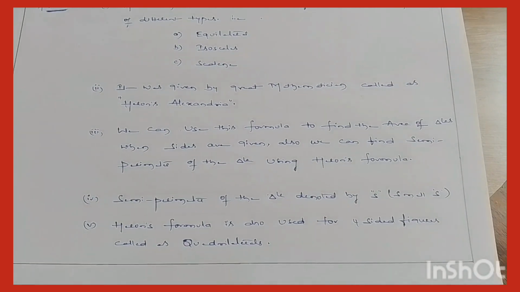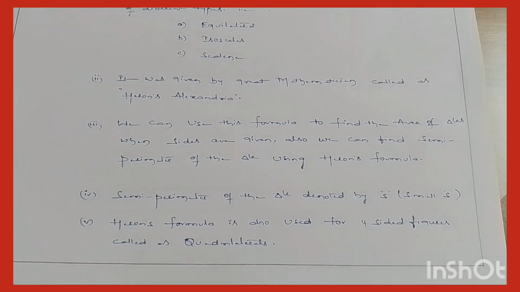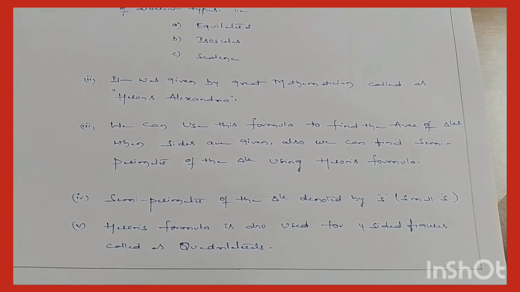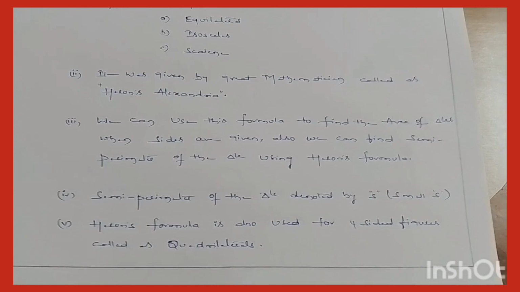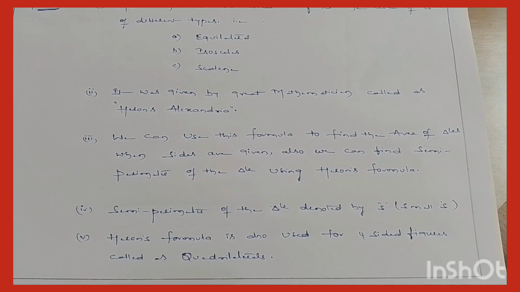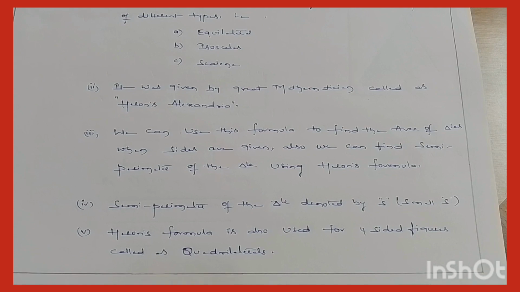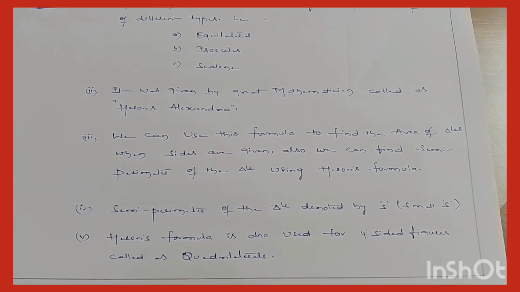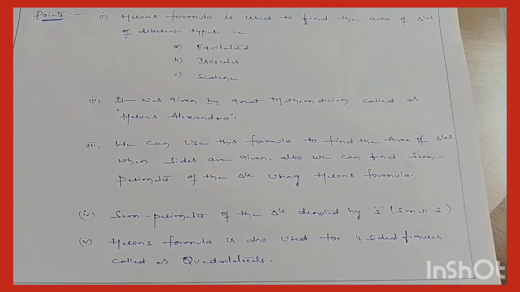The formula for the area is the square root of s into s minus a, s minus b, s minus c, where s is called the semi-perimeter of the triangle.